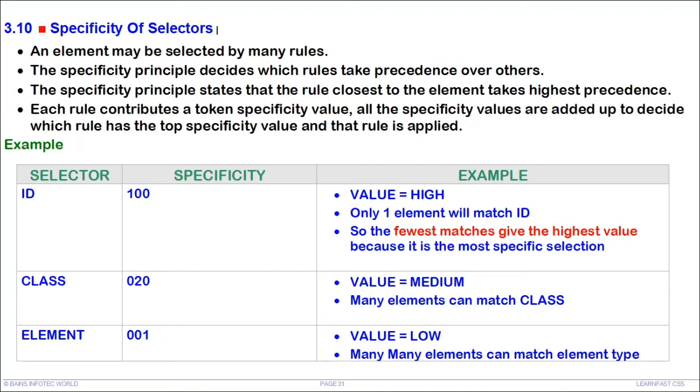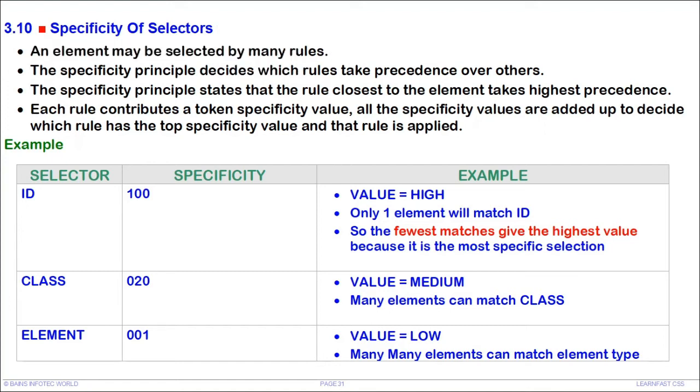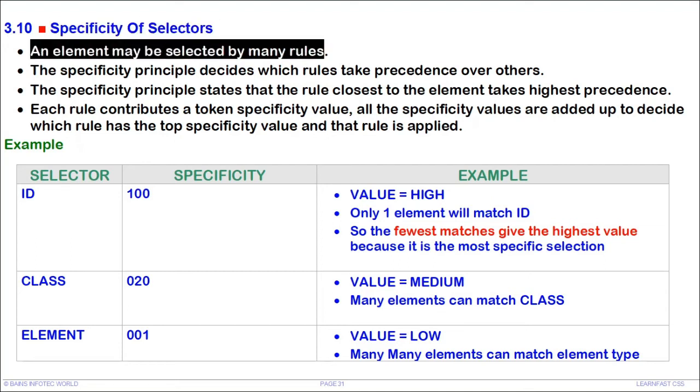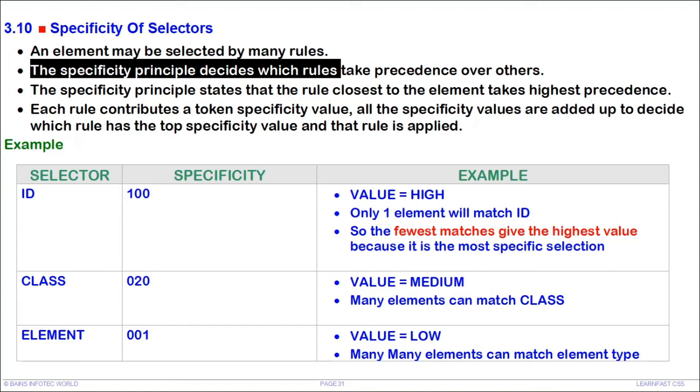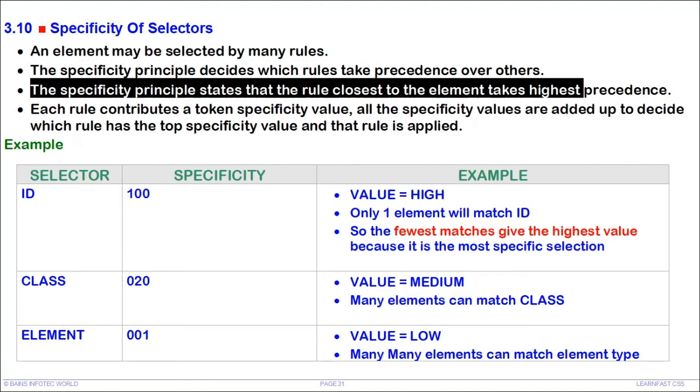So this is called the specificity of selectors. An element may be selected by many rules. The specificity principle decides which rule takes precedence over others. The specificity principle states that the rule closest to the element takes the highest precedence.